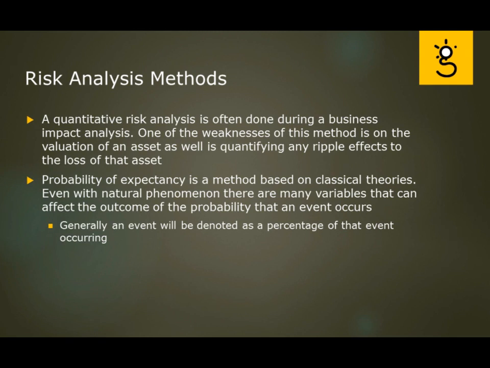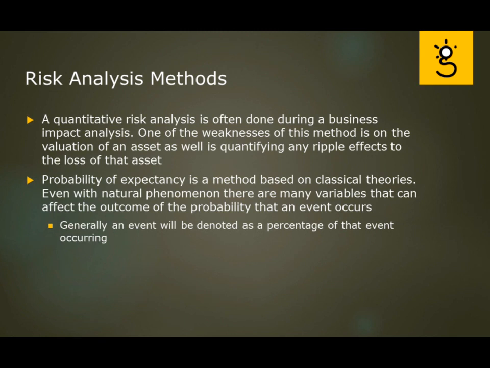And so even though quantitative risk analysis sounds easy in theory, it is, I think, a lot harder to actually quantify the true value of an asset. Okay, in that discussion, I talked about the probability of expectancy. Now, that's a method based on classical theories, and even with things like earthquakes, tornadoes, natural phenomena, we know that there are always variables that can affect the outcome and the probability that those events occur.